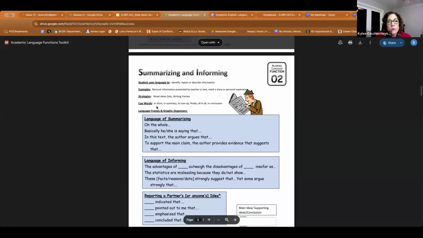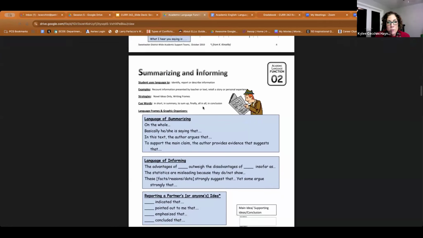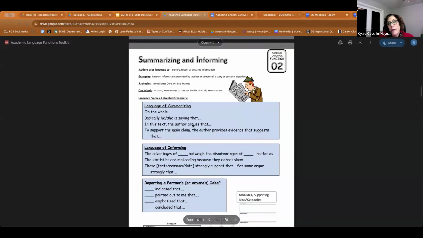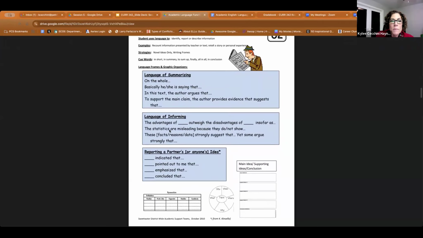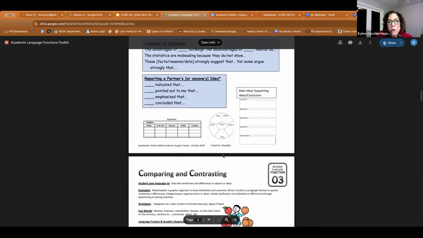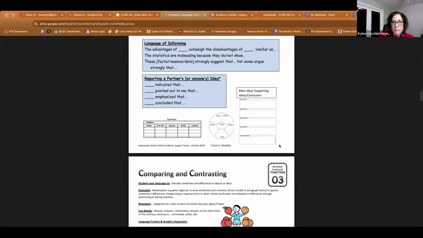We can give them cue words to help support that idea. Here we've got the language of summarizing, with some sentence starters. We have some sentence starters for the language of informing. And then also here are graphic organizers that would go with that idea.